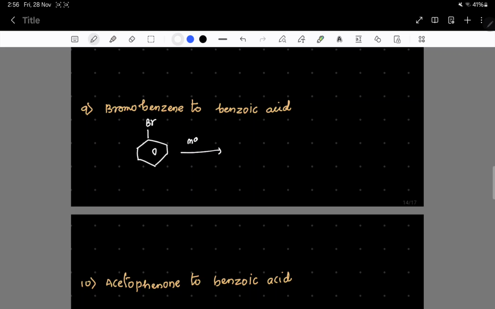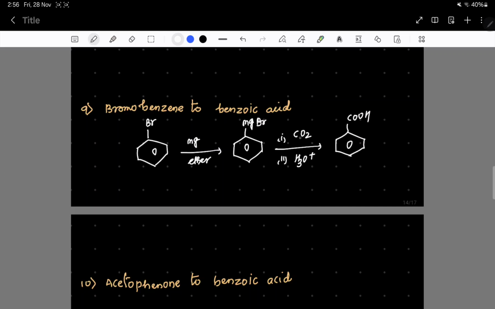We will react it with Mg in ether. Then it will form MgBr, the Grignard reagent. Now this Grignard reagent, on treatment with carbon dioxide, followed by water, you will get benzoic acid as the product.